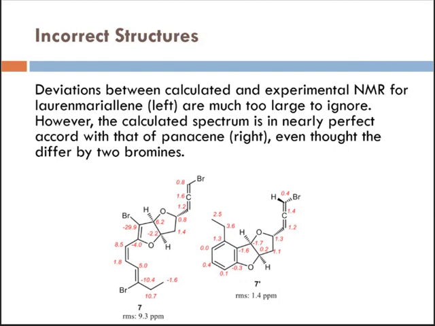It turns out that this spectrum is identical to an existent molecule, panacene. And what makes it interesting, this is a perfect fit. What makes it interesting is the molecular weights are different. It differs by Br2. And so here, not only is the NMR screwed up, the mass spectrum is screwed up. Again, innocent.